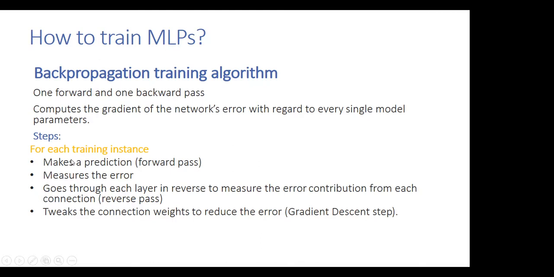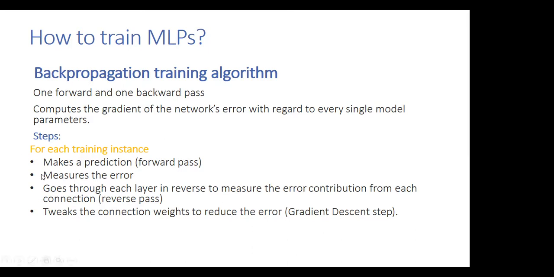For each training instance, the model first gets the input and passes it to the first hidden layer, and then it computes the output of that hidden layer and gives the output to the next layer. And this will continue till the output neuron, in which the model makes predictions. This is the forward pass.